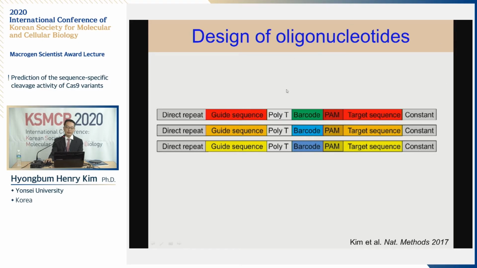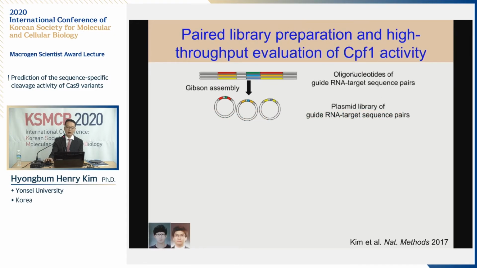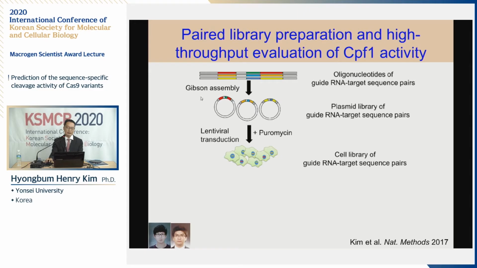To make those libraries, we start from oligonucleotides, which contain guide sequence and target sequence. From these oligonucleotides, we make a plasmid library by Gibson assembly. Then from this plasmid library, we generate a lentiviral library, and this lentiviral library was transduced to 293T cells to make a cell library.